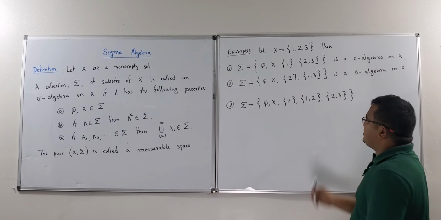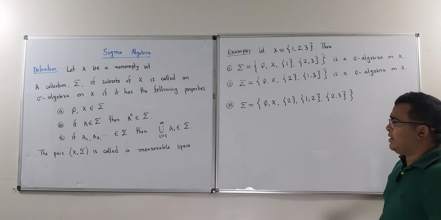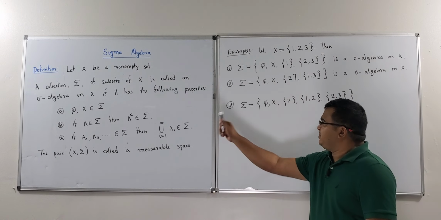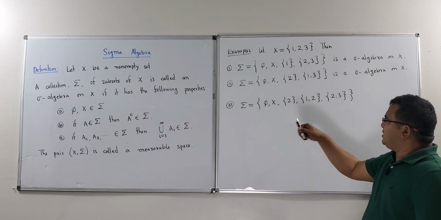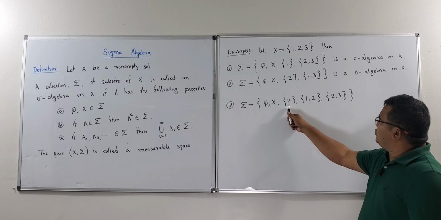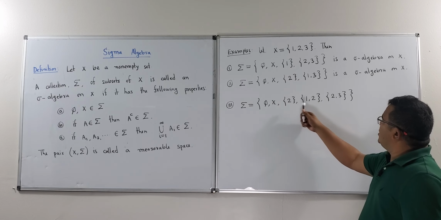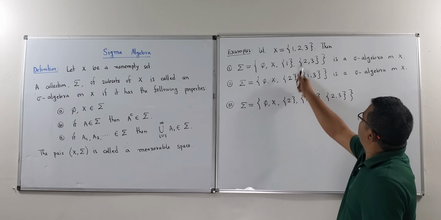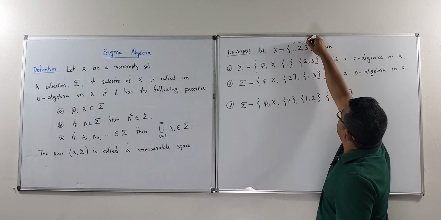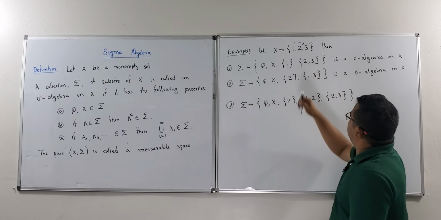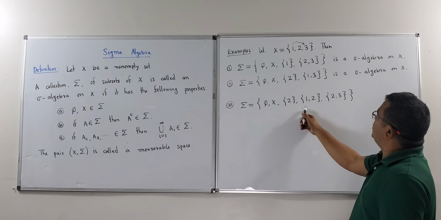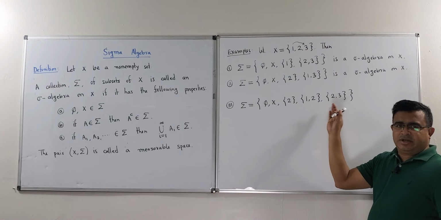So is it a sigma algebra? Let's check. It satisfies the first property because the empty set and the whole set are in this collection. Now if {2} is in this collection, then its complement should be in that collection. The complement of {2} is {1, 3}, right? Is it here? No, the element {1, 3} is not here.